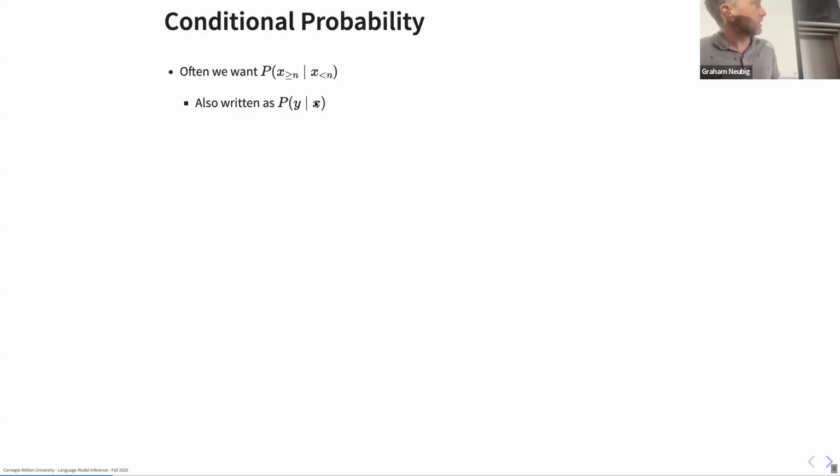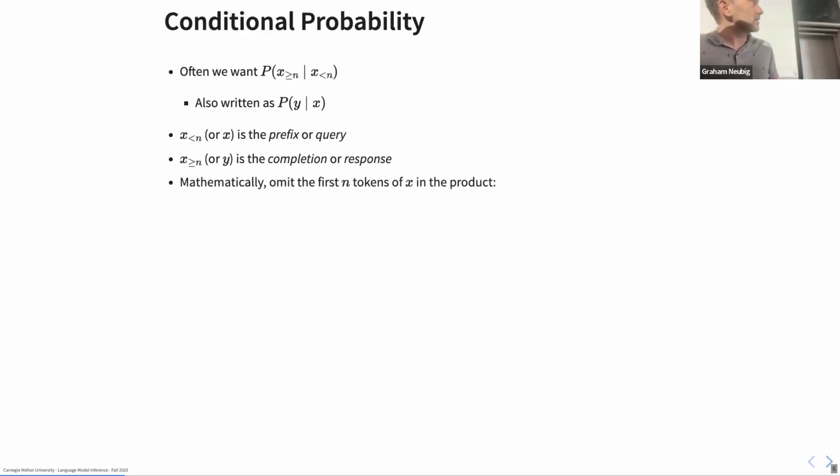This is also written where the input sequence is X and the output sequence is Y. And so in this case, we will treat the first part that we're conditioning on as the prefix or the query. And the second part is the completion or response that we want to generate from this.